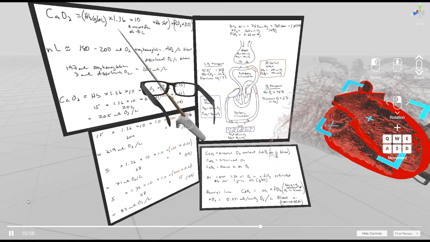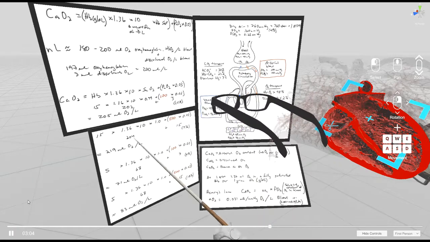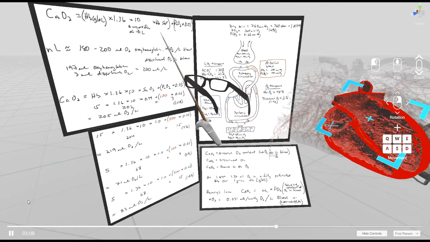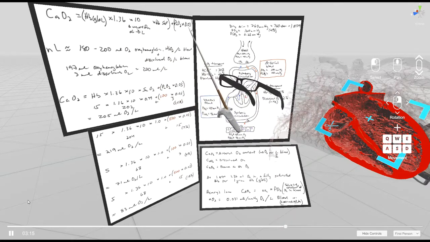So this is the constant which is applied to convert how much oxygen is on a hemoglobin. You're going to multiply that by the saturation. So if it's only 60% saturated, you're obviously not going to have this whole thing. Plus the amount of dissolved oxygen.